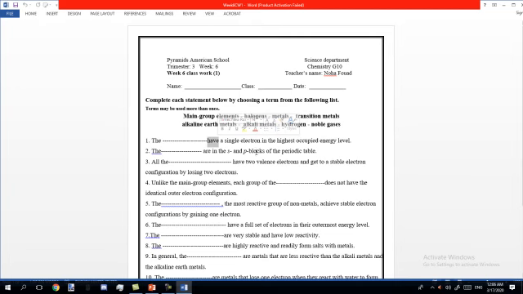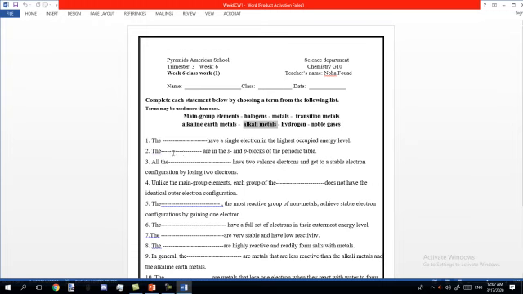So it's not one atom, it's many elements, many atoms. So what have a single electron in the occupied energy level? Of course they are the alkali metals, the elements of group 1, because as we said, group 1 means they contain one electron in their outermost energy level. So number 1 is alkali metals.